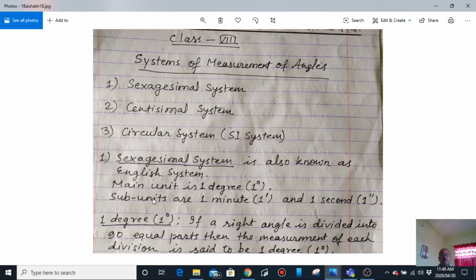And its sub-units, meaning units within units, like meter, centimeter, millimeter. In the same way, the sub-unit of degree is minute, and the sub-unit of minute is second.